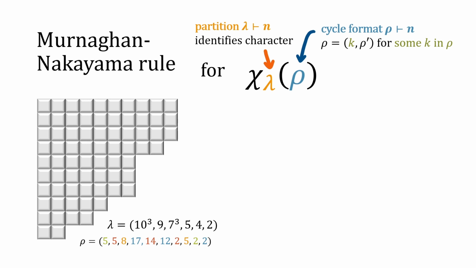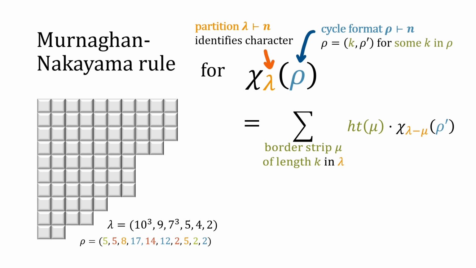The Murnaghan-Nakayama rule now tells us that chi lambda at rho is equal to a particular sum. The terms in the sum correspond to so-called border strips of length k that can be peeled from the southeastern border of lambda. Border strips are connected shapes that don't contain any 2x2 squares, and after removing a strip, you should still have a valid partition left.